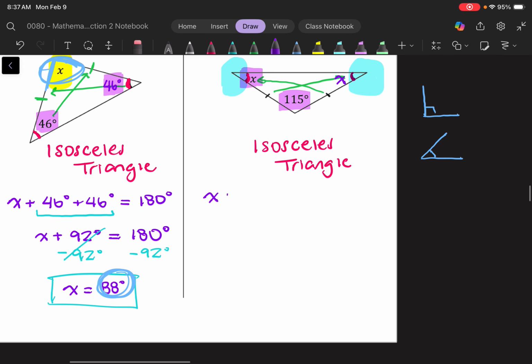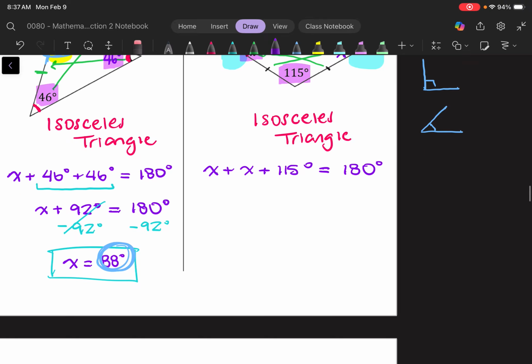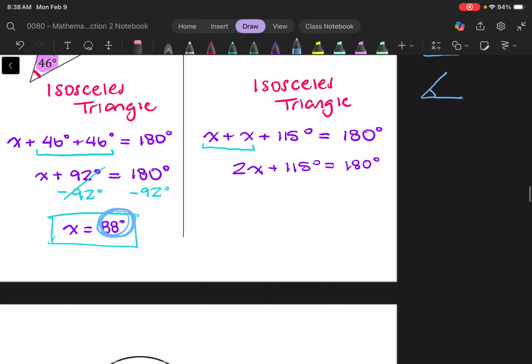So when I do my math, I get x plus x plus 115 degrees, all adding together to give me 180 degrees. If I simplify my left-hand side, I get 2x plus 115 degrees is equal to 180 degrees. And I'm going to solve for x first by subtracting 115 degrees on both sides.